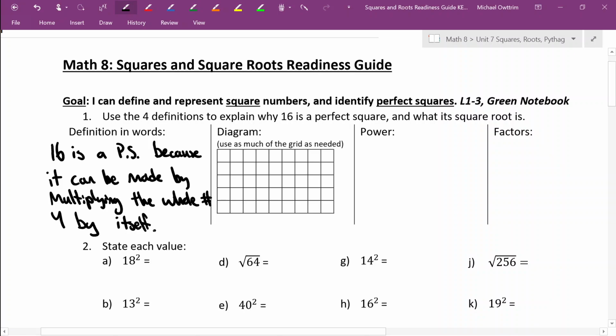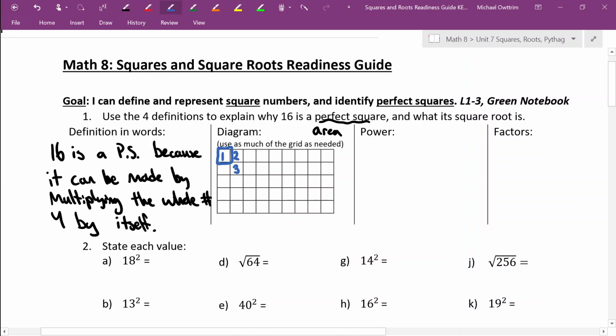In terms of a diagram, our perfect square should be the area, so the number of tiles that we use. And if it's a perfect square, squares, of course, have equal side lengths. So if we represent an area of 16, we can start by shading in or selecting the first square. Obviously, that's an area of 1.